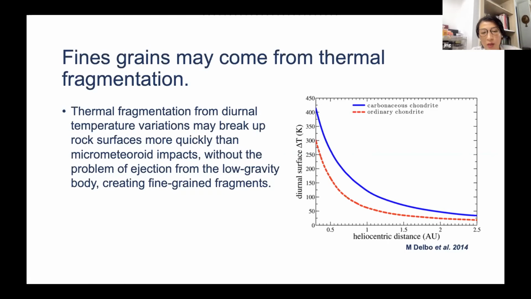They can stay on the surface instead of flying away. That's how the fine grains stay on the surface.